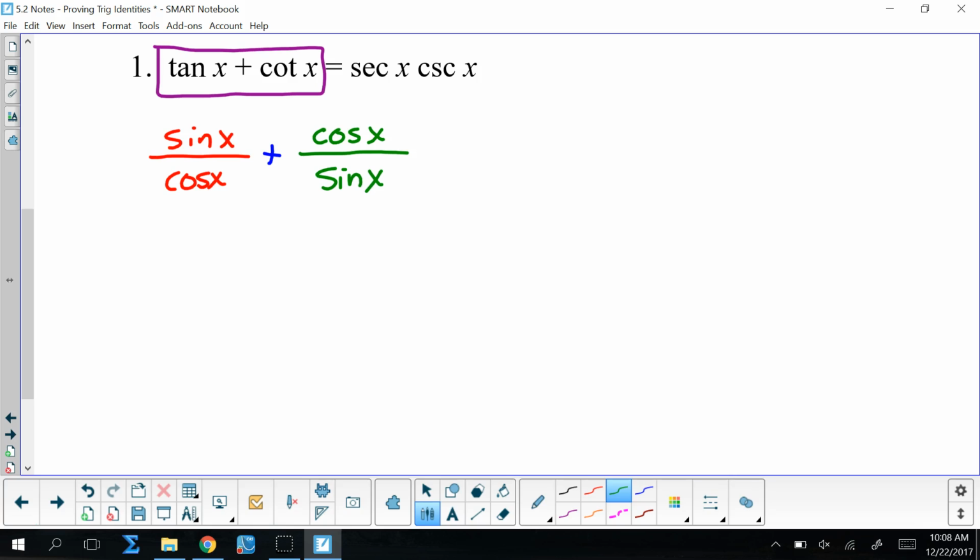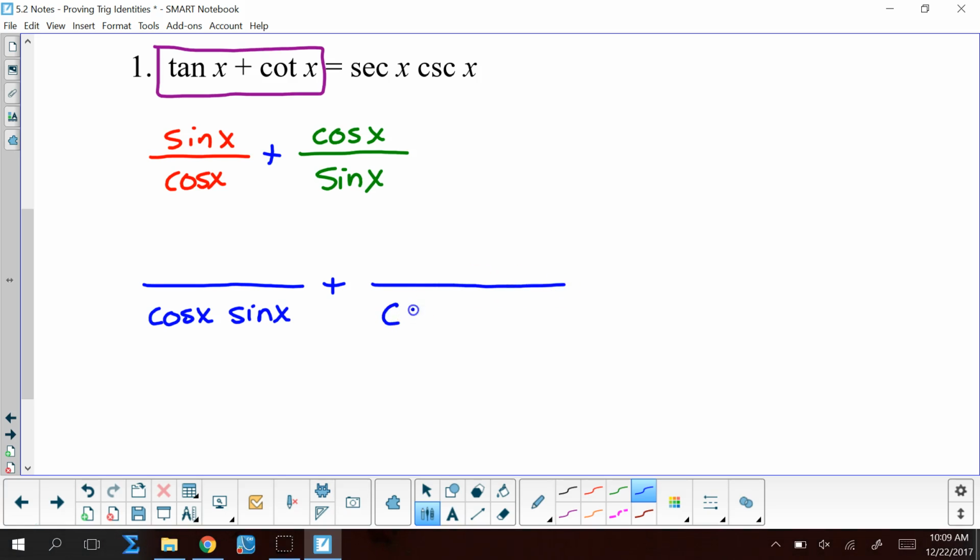Cosine times sine is going to be my common denominator. Okay? First fraction. What do I have to multiply by to get it into my common denominator? What is my denominator missing? Sine. So that means I got to multiply by sine of x over sine of x.